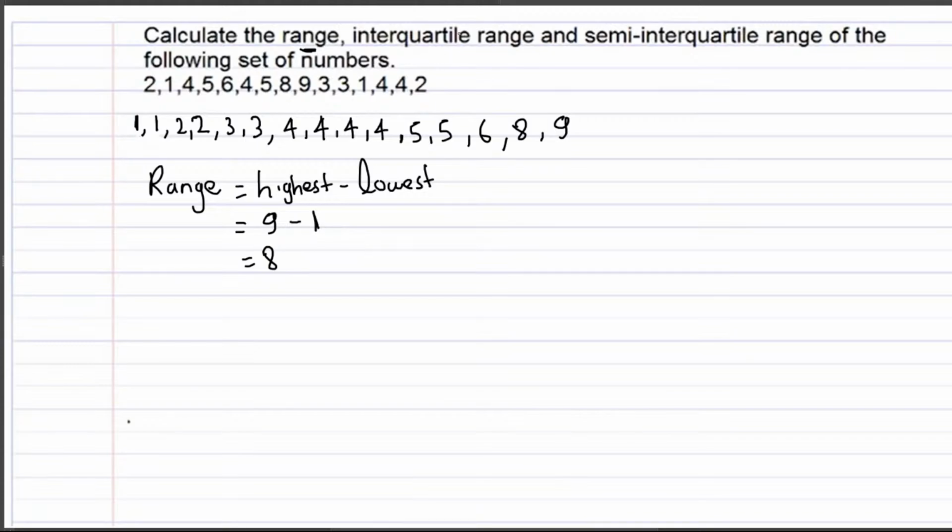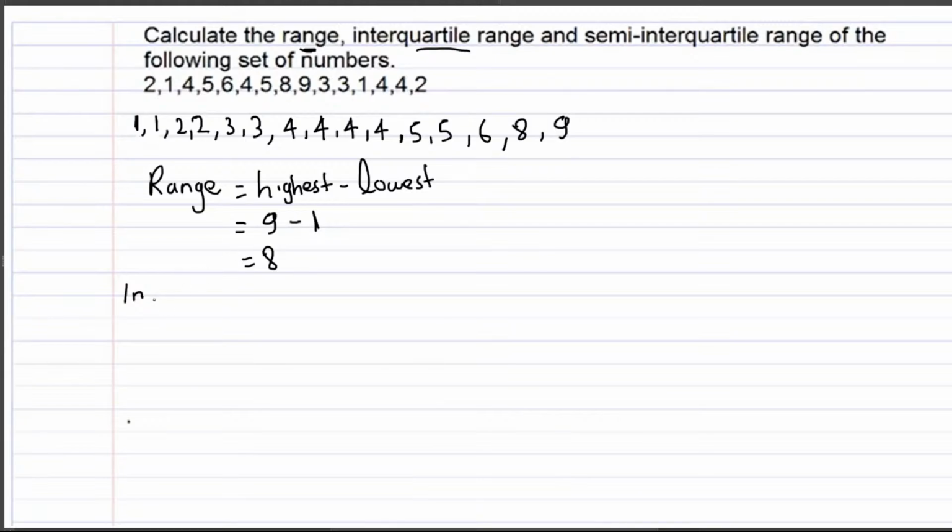Now let's see how to find the interquartile range. The interquartile range is equal to upper quartile minus lower quartile. But there's an equation to find the upper quartile and the lower quartile.